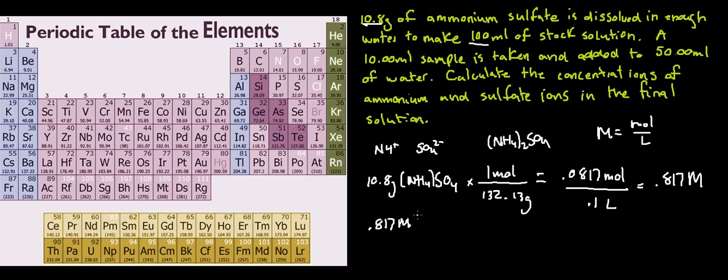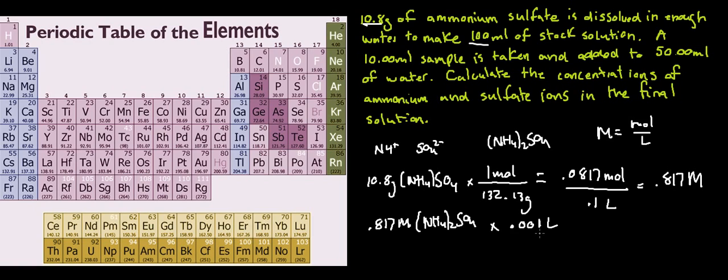0.817 molar (NH4)2SO4 times 10 milliliters. I'm going to have it in molarity, so I need to convert those 10 milliliters to liters. And 10 milliliters is 0.01 liters.